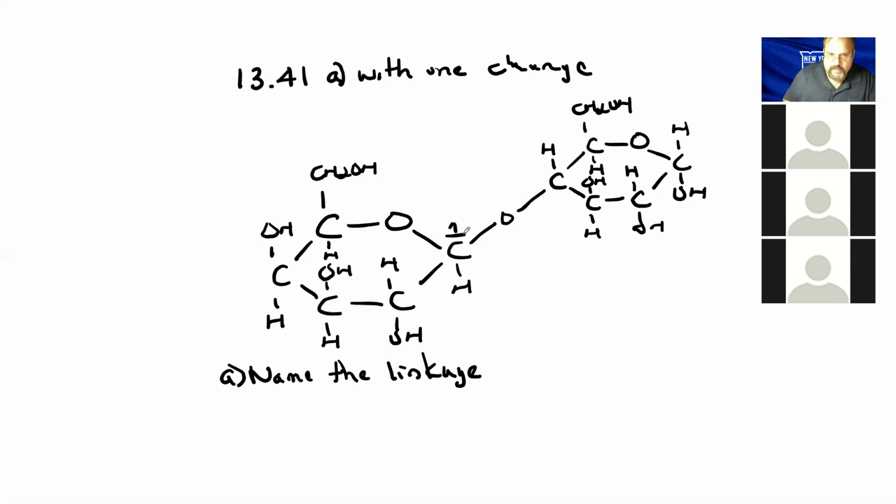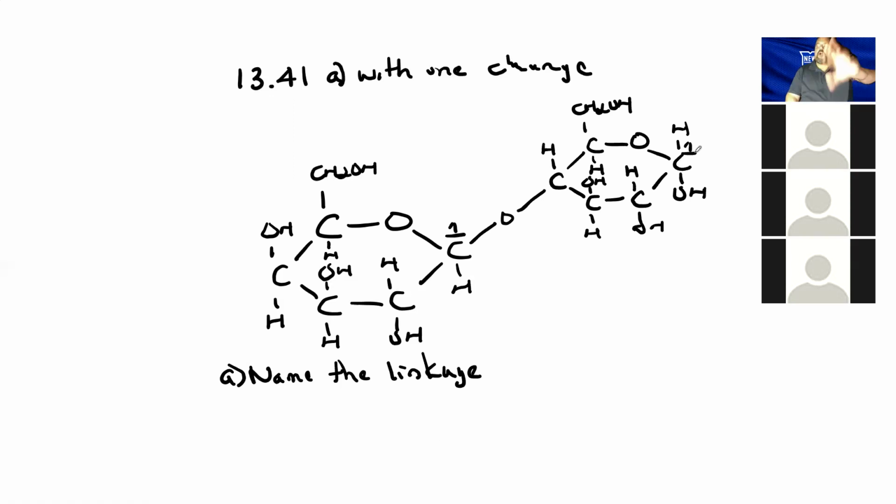For the left ring, this carbon right here would be carbon number 1. For the right ring, this carbon right here would be carbon number 1. If you had a pentagon, a 5-atom ring, as you saw in the notes, the carbon to the right of the oxygen is not carbon number 1. Which carbon number is it? It's carbon number 2, and then you would go clockwise from there.